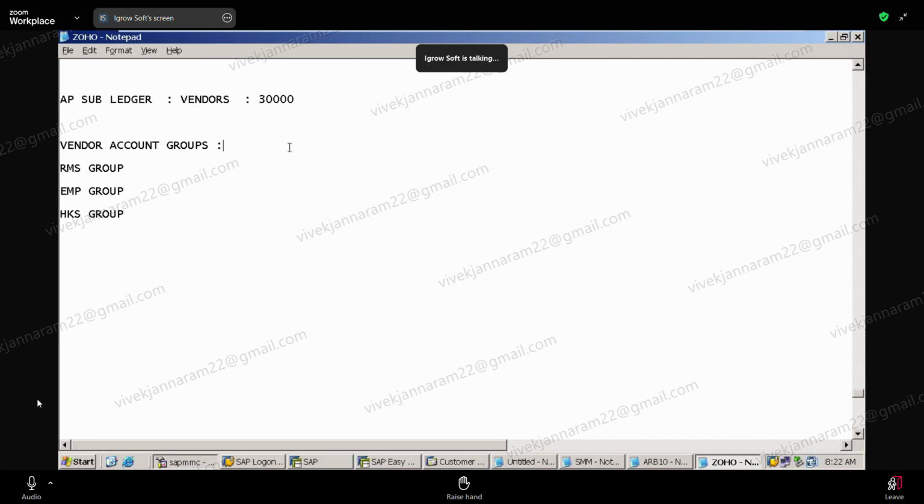Then I will define the number range for the vendor account group. I will define any number range. Suppose I define something like 78,000 to 78,999. You can give 10 digits or less, no problem.